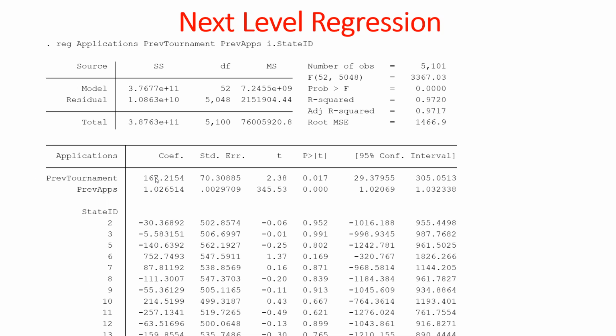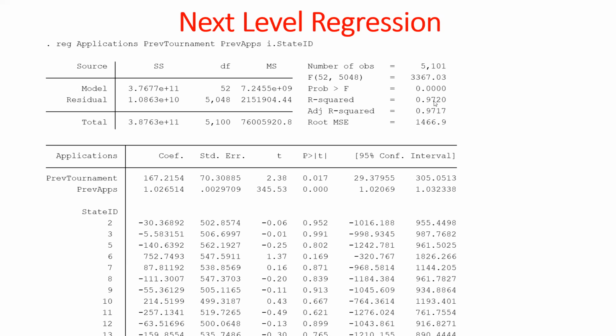Okay? So we get about 167 more applications, pretty significant, right? With a p-value of 0.01, it's less than 0.05 and 0.1, so significant at the 5 and 10% level, or the 95 and 90% confidence level.